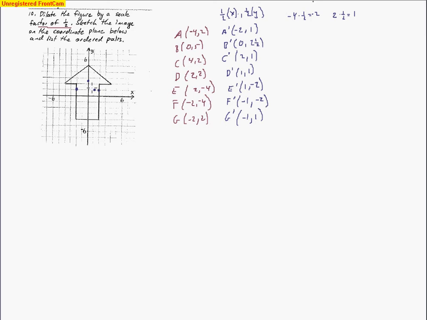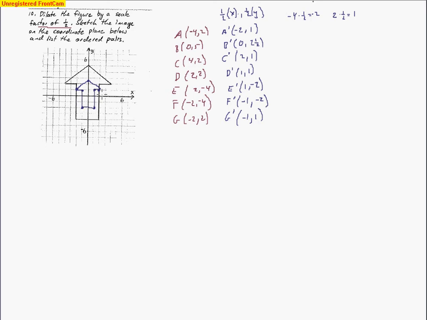And then over 1 space to the right, up 1, and then I go over 1 down 2, so it's going to be right there, and then I go over 1 to the left down 2, and then I go 1 to the left and then 1 up puts me right there. And then once I have those points, I can connect them with lines, and I've got my shape.